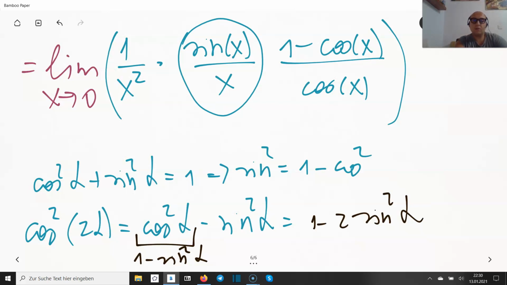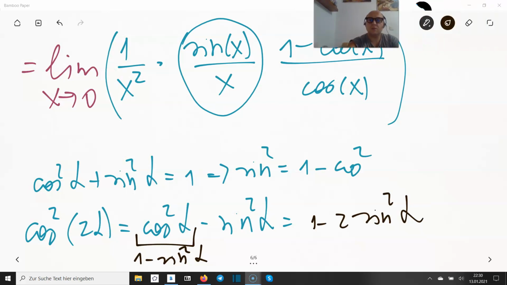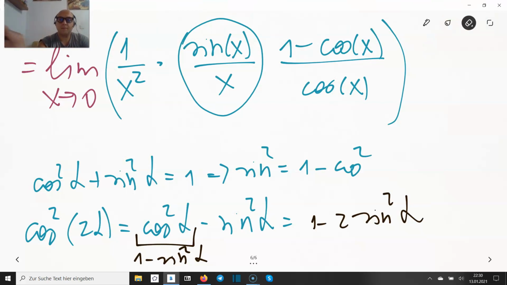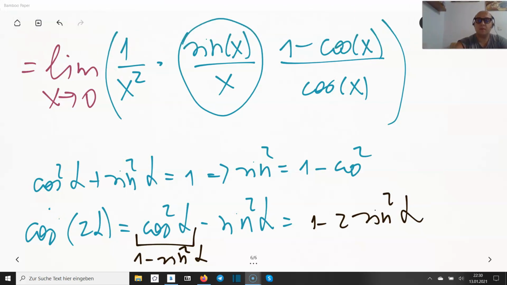Well, my bad. Yeah, it's not right. I'm sorry. This is just cosine of 2 alpha only. Now it's fine. Okay, now it makes more sense also to me, which is always a good sign if your tutor understands what he's doing. So cosine of 2 alpha is 1 minus 2 sine squared of alpha.